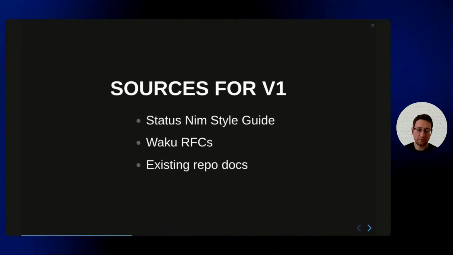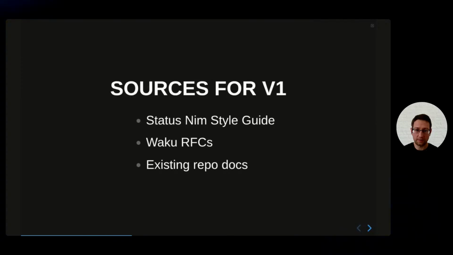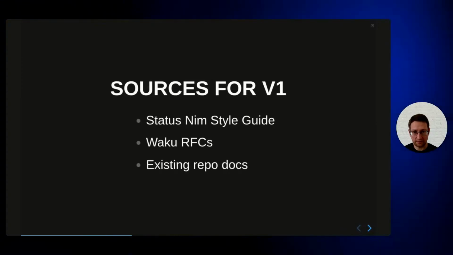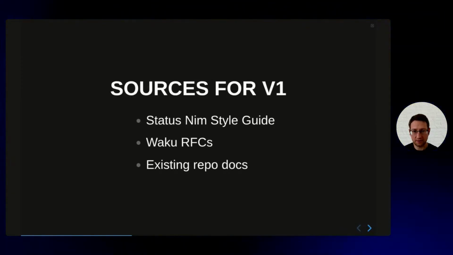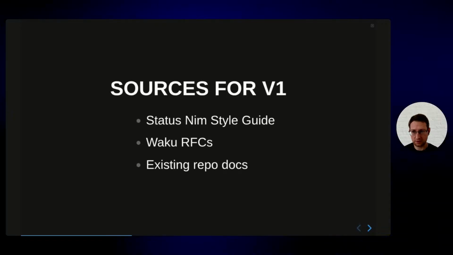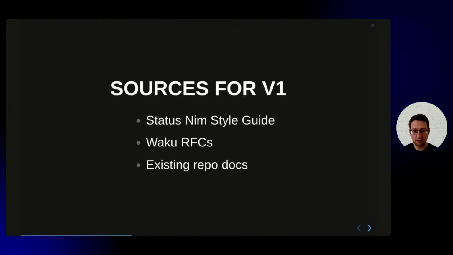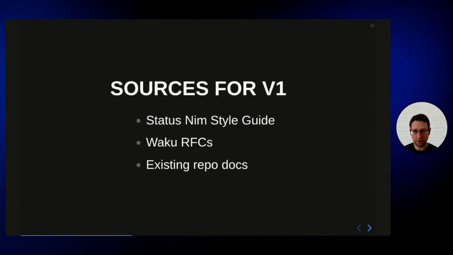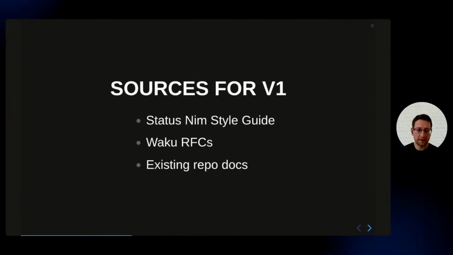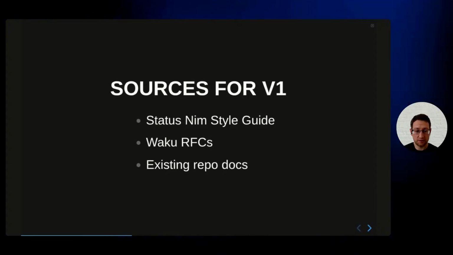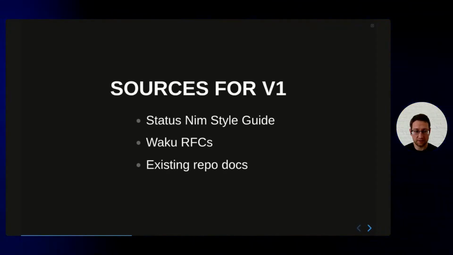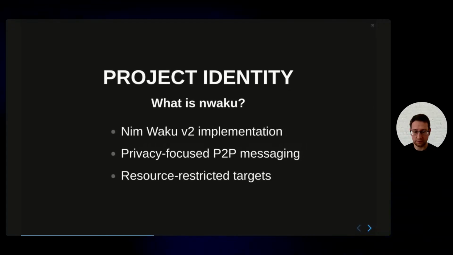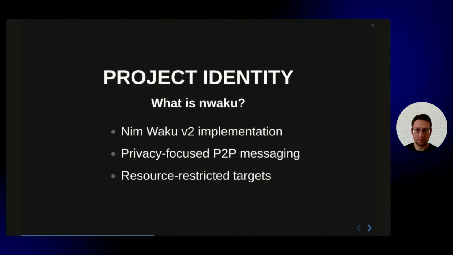The sources for this file were the style guide that we have, the Status Nim style guide, the RFCs for Waku that describe the structure of the protocols involved, and the existing documentation in the Waku and larger Waku repositories. So yeah, I will just give a brief overview of what the file contains, and then give a link for you to study it if you're interested.